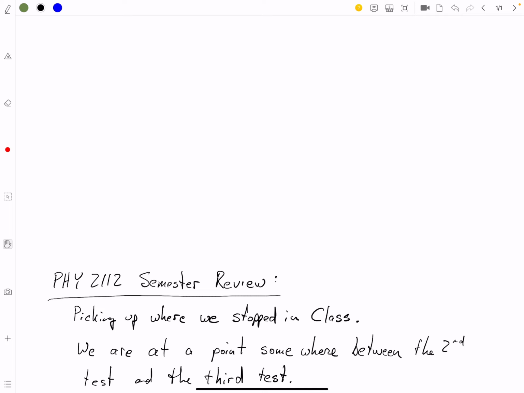So we left off in class. I want to start with a little bit of an overlap. When we did leave off in class, we're somewhere between the second and third test.